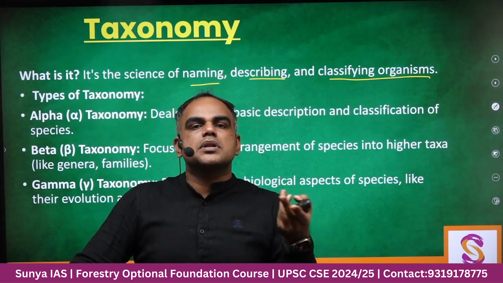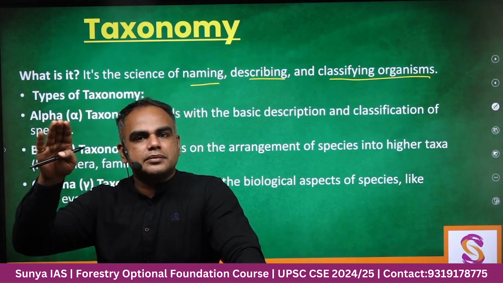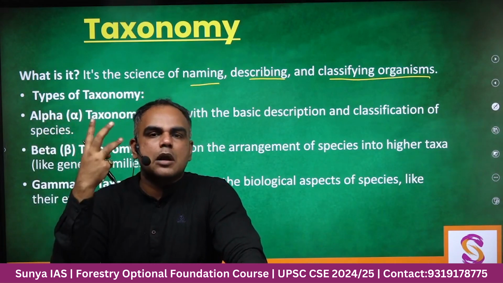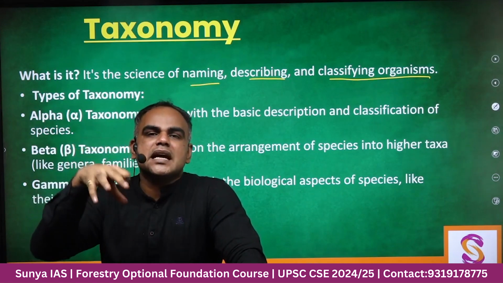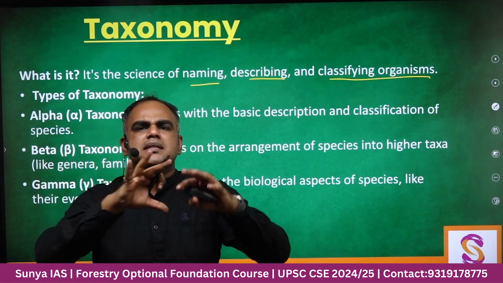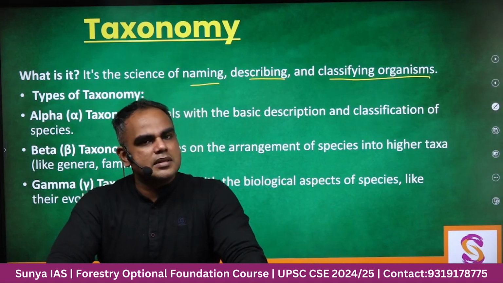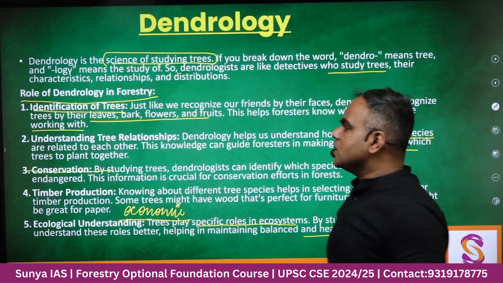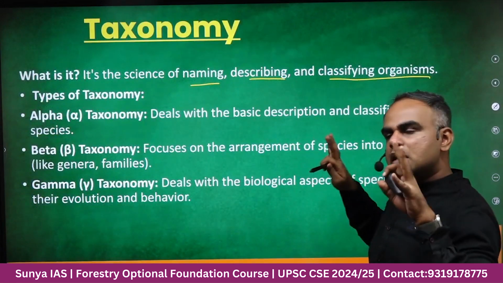The reason is that you can scientifically segregate a lot of species, which helps in better understanding, better education, better outreach. By the way, the whole edifice of science lies on organized classification. Otherwise, if things are scattered, you cannot carry out proper work. This is more specific for dendrology, but overall it is very important.